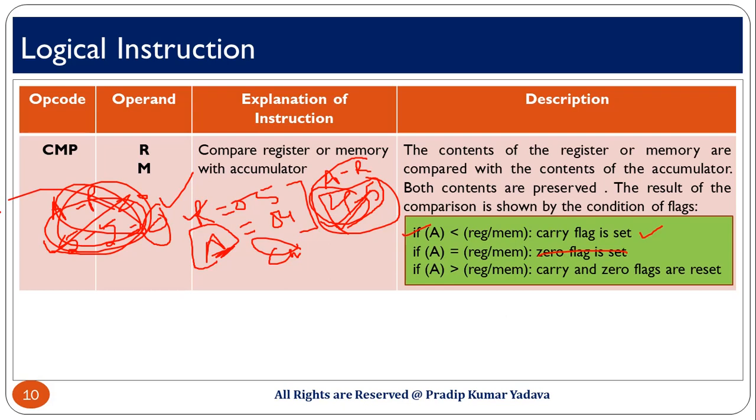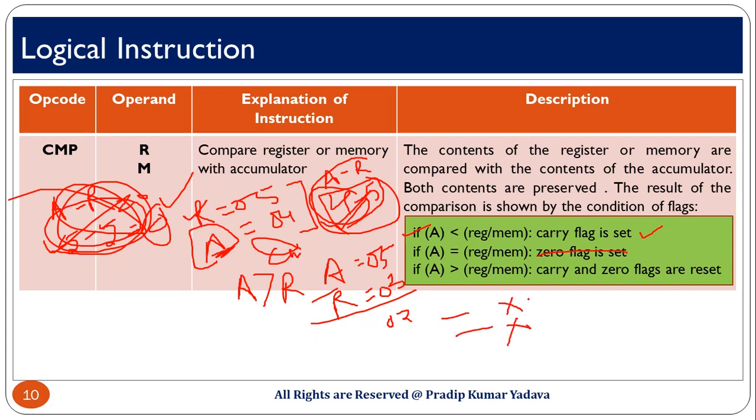The third condition is that if carry and zero flags are reset, the content of the accumulator is larger than the given register. Suppose A equals 6 and R equals 4. If you compare, we get 2, which is not equal to 0, and no carry flag is set, so the content of the accumulator is greater than the given register.